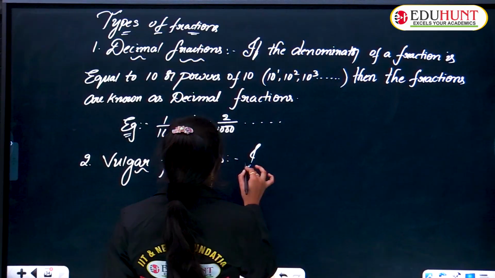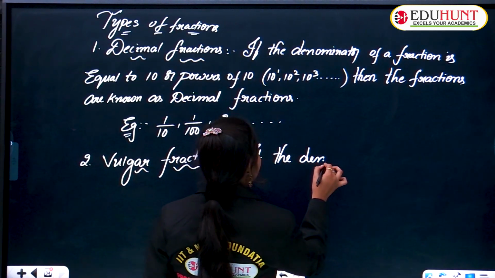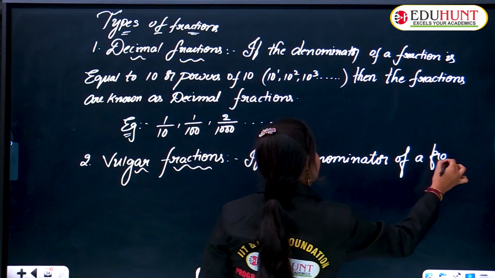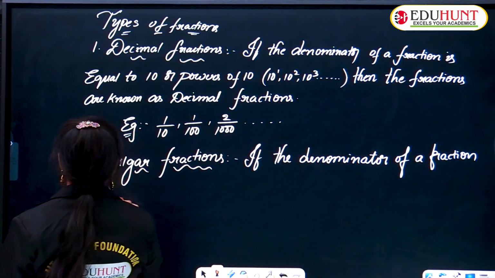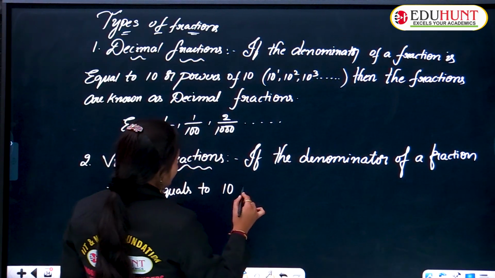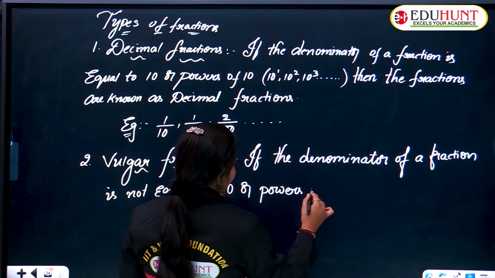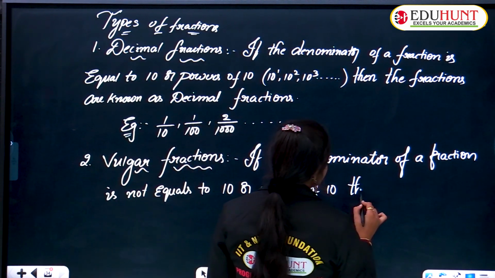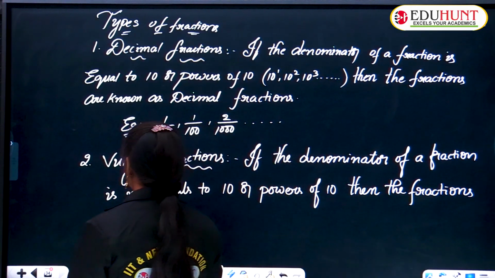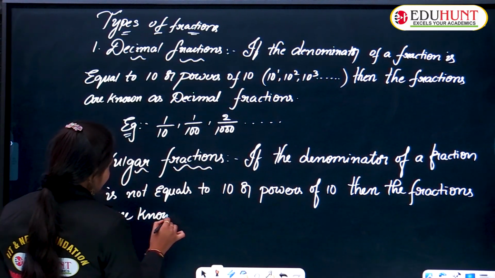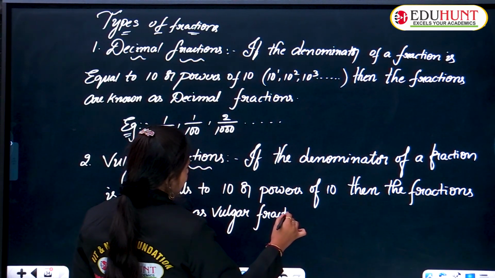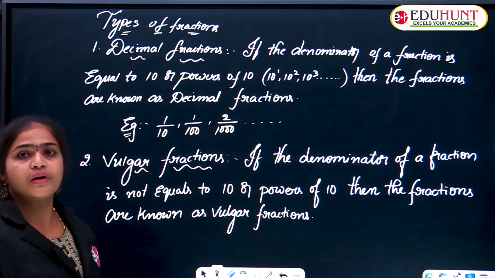If the denominator of a fraction is not equal to 10 or powers of 10, then the fractions are known as vulgar fractions.